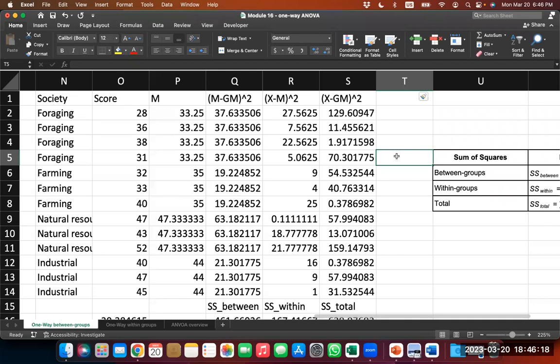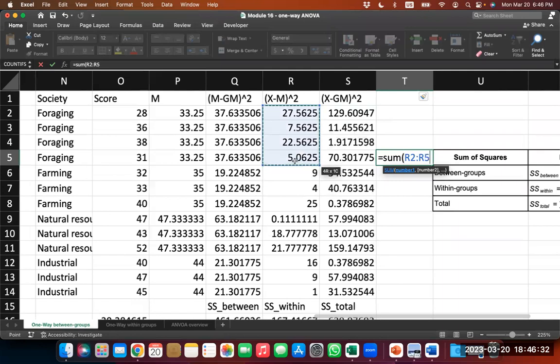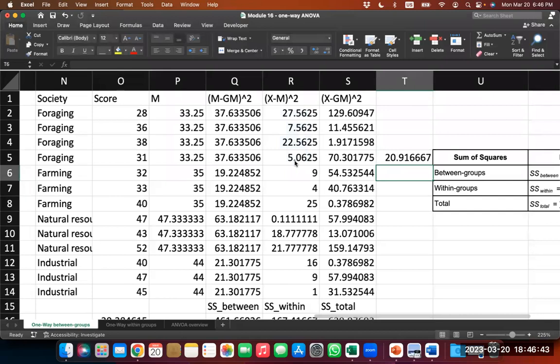So within these 4 entries, you have your information for the variance of the foraging group. Calculating the sum of these 4 entries and dividing by the degrees of freedom of that group, which is 4 minus 1, which is 3, gets you the variance.